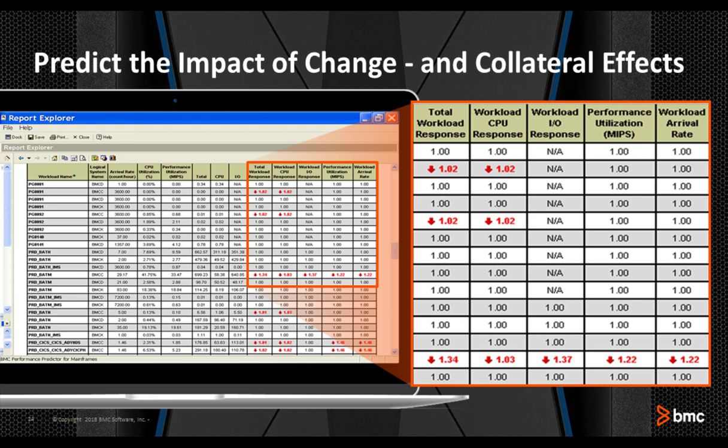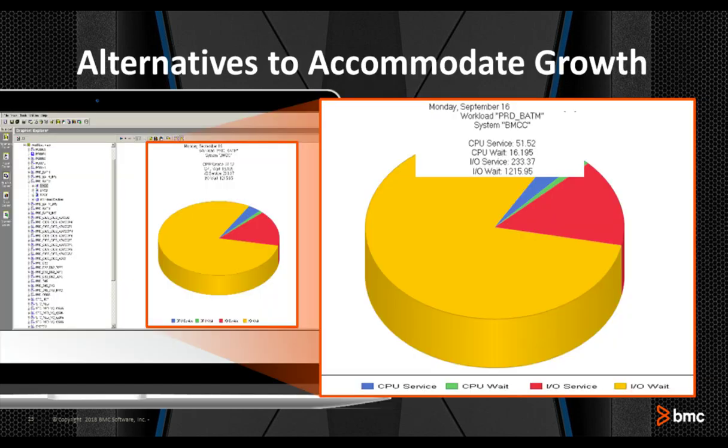But in this case, looking at the detail, the third column shows the change in the I/O response to the workload. So by being able to see all of the details of what's going on inside the mainframe as part of this view, we understand that the biggest impact was on I/O. So a CPU upgrade is not likely to fix the problem.